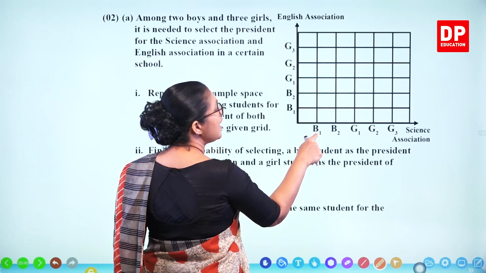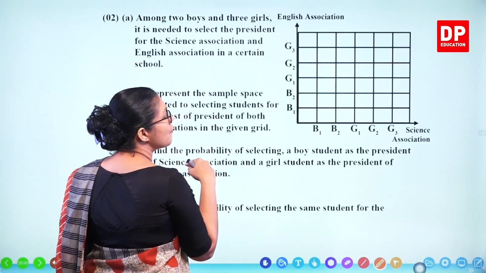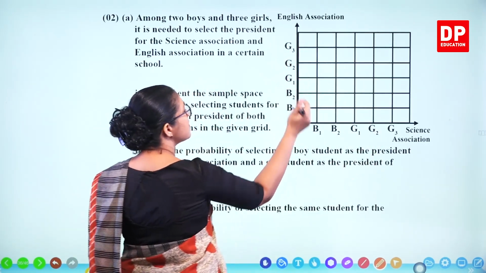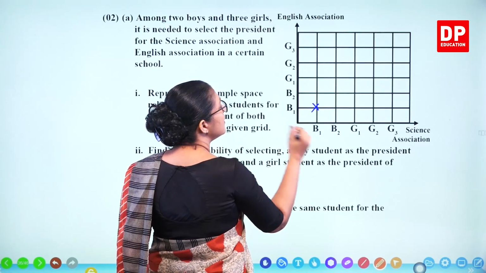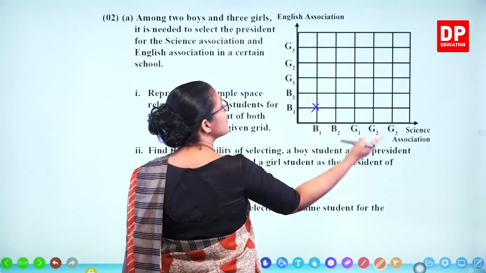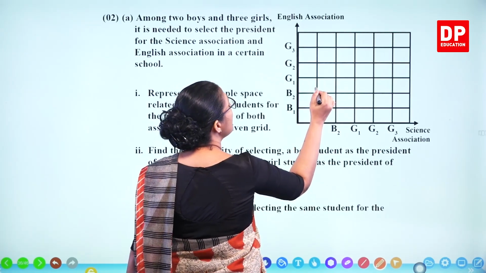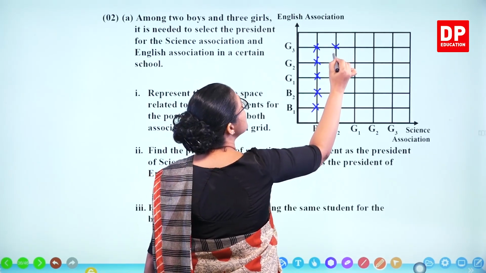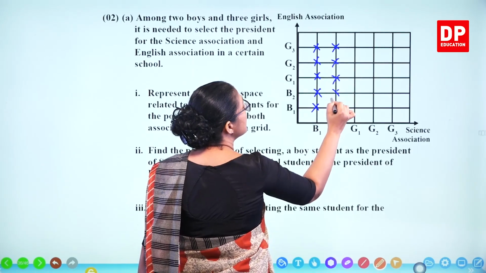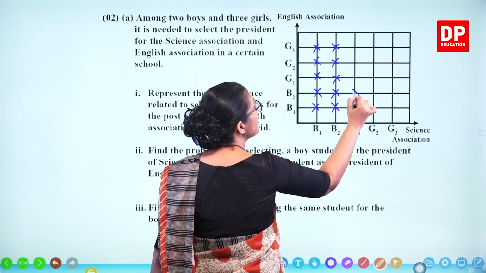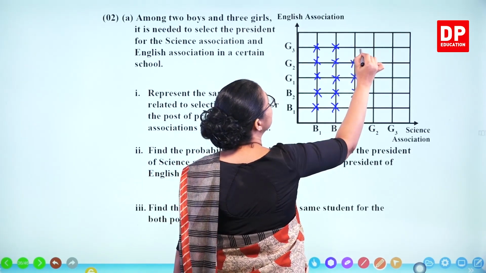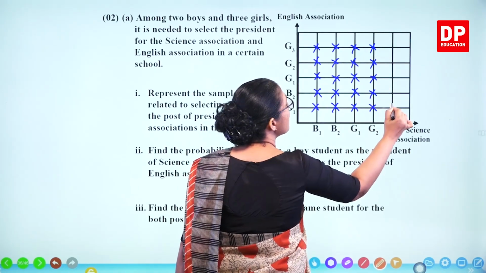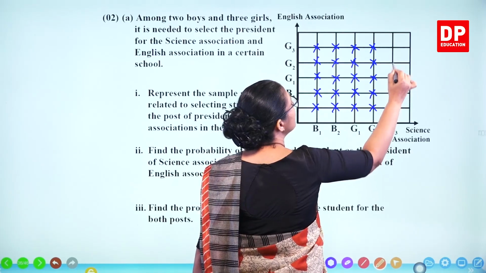First boy can be a president for the Science Association as well as English Association. So that's this. So first boy for Science and the second boy for English. So likewise, these are the outcomes you can get. Altogether, how many outcomes? 5 times 5. 25 outcomes are there.